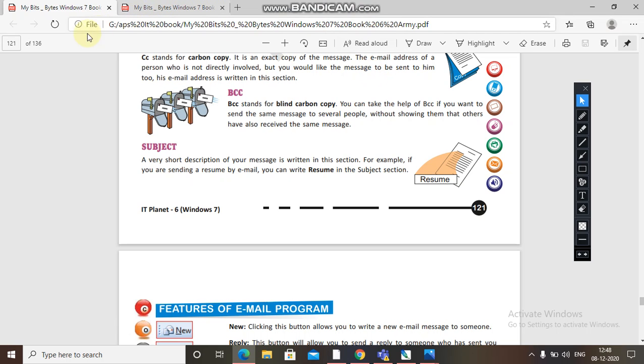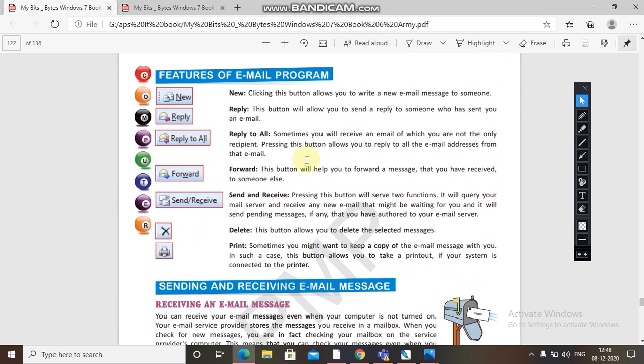Now you see features of an email program. New. Clicking this button allows you to write a new email message to someone. If you want to write a new email message to someone, then you will click on new. Reply.